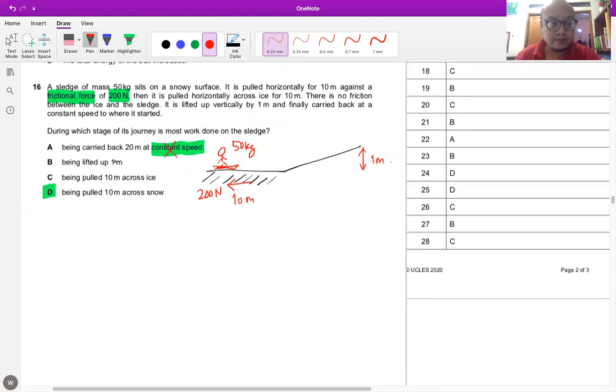Also this one, being lifted up 1 meter, is also wrong. Why? Because of frictional force. Being pulled across ice for 10 meter, this is ice.